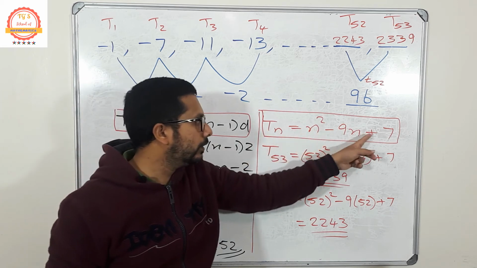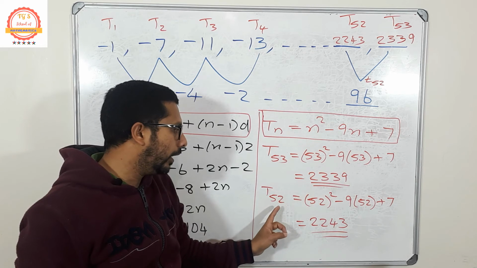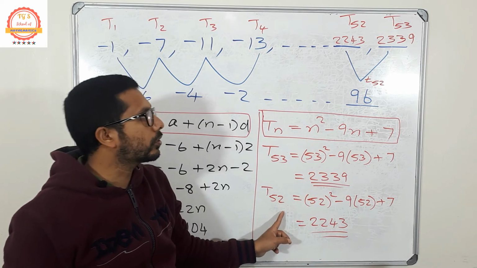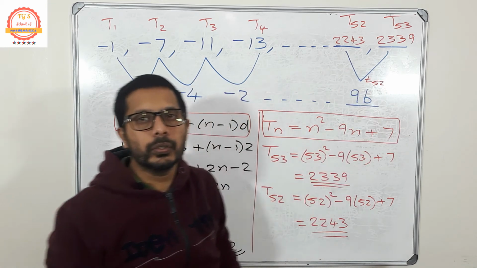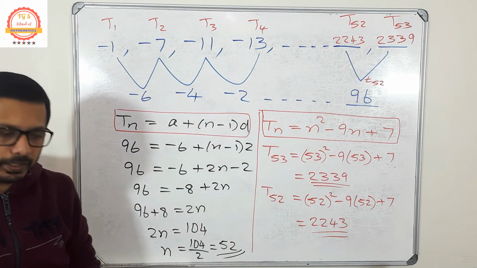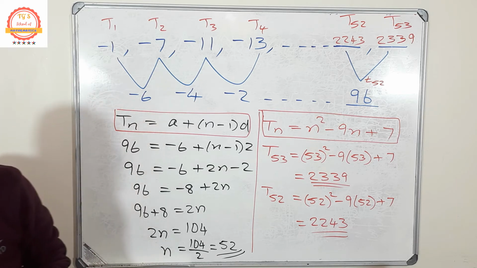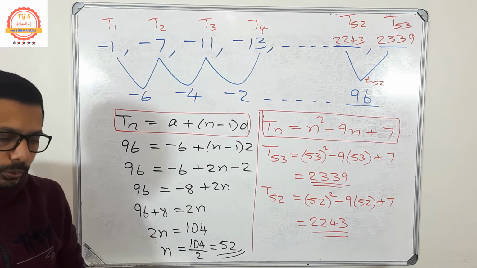So in that nth term we substituted the value of n as 53 and n as 52. So we got the values of those two consecutive terms. So that is question number 3.1.3. Okay, now let's go to the next question, question number 3.2.